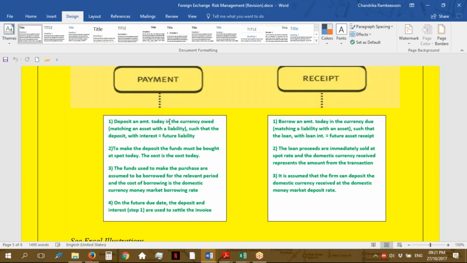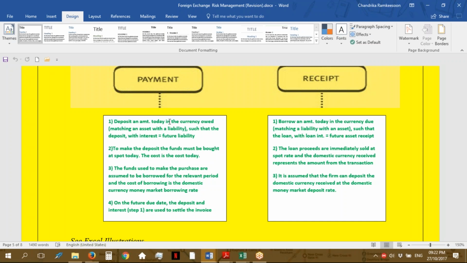Sometimes what students tend to do, they rush into the procedure and try to do step two first. You can't do that. You need to first figure out how much you're going to deposit. And the amount you are going to deposit is dependent on the amount that you owe. So you need to find that first.